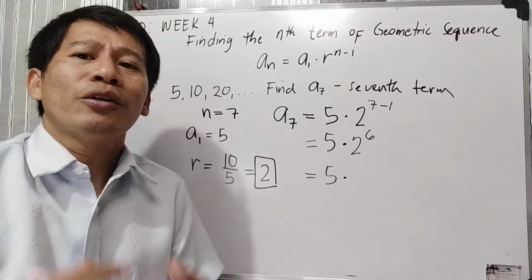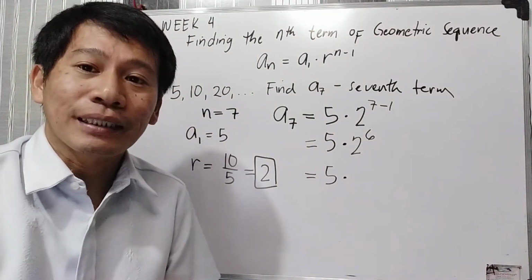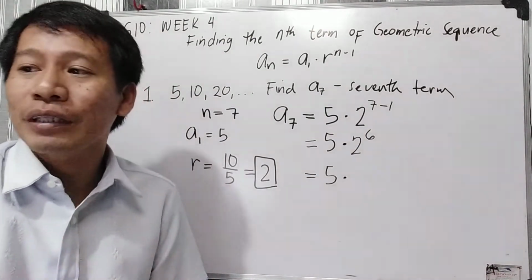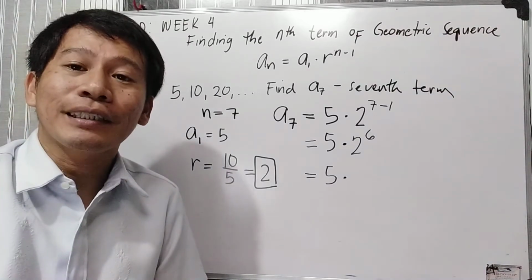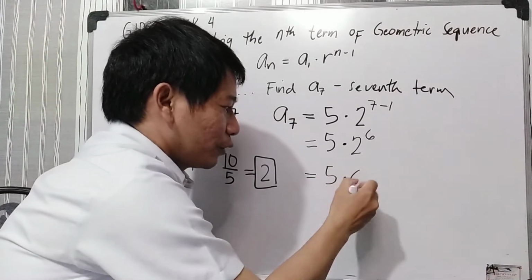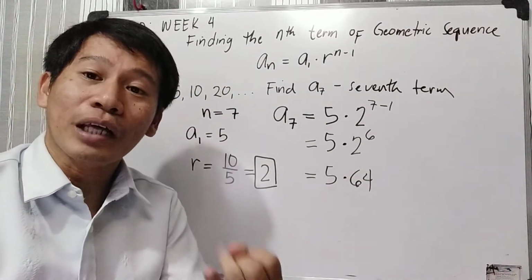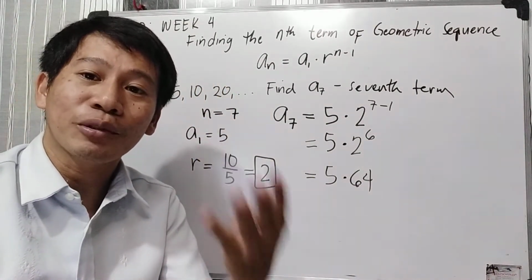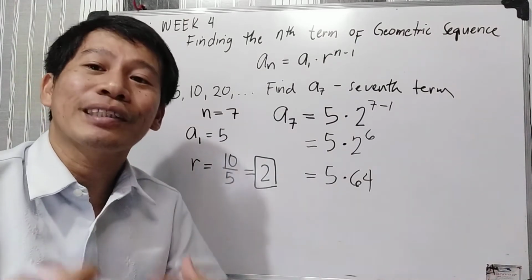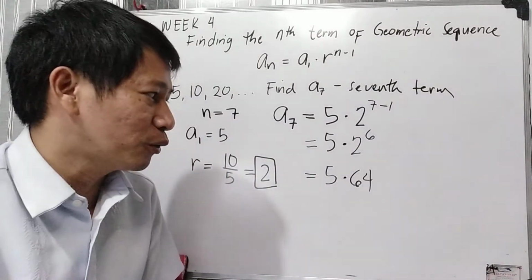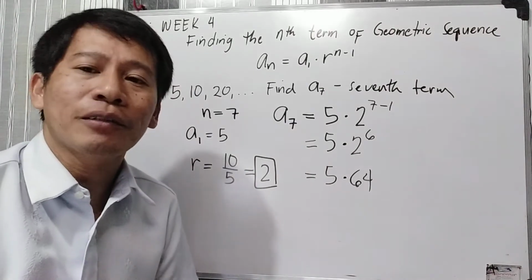What is 2 raised to 6? If we compute that, 2 raised to 6 is 64. How are we going to obtain that 64? 2 times 2 times 2 times 2 times 2 times 2, we multiply 2 six times. And you can make use of a calculator actually.